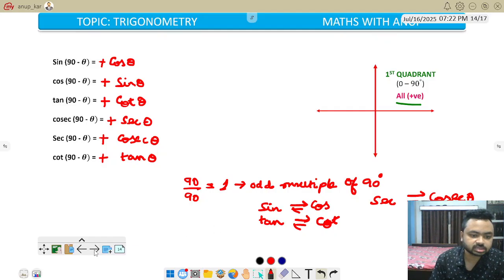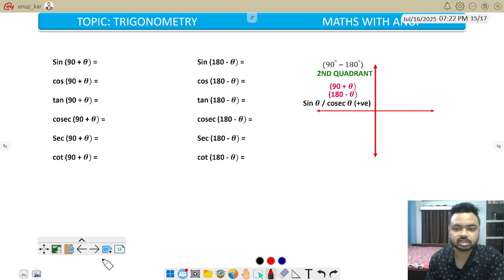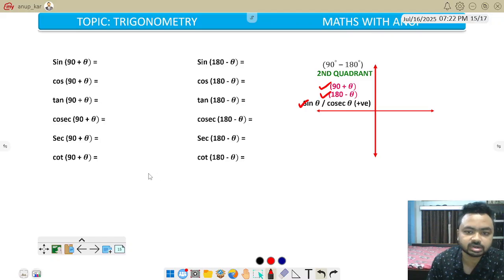So let's move to the second quadrant. In second quadrant there are two scenarios, as I have already explained: 90 degree plus theta and 180 degree minus theta. Here sine and cosec are positive. So let me put sine positive, cosec positive, rest of the things are negative. Similarly here sine positive, cosec positive, rest of the things are negative.